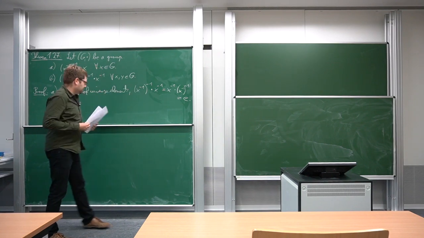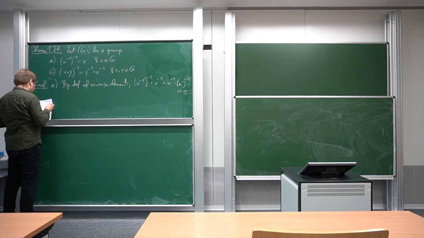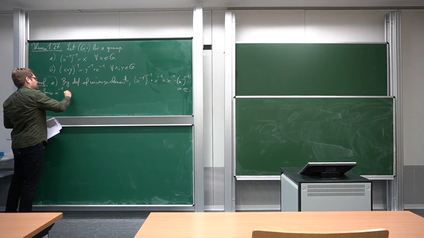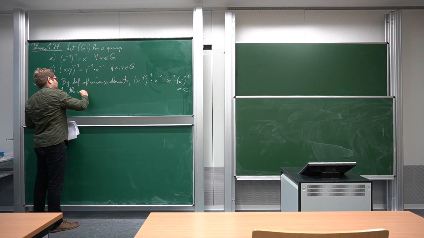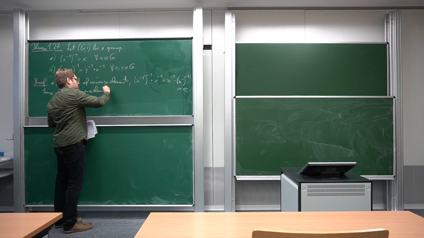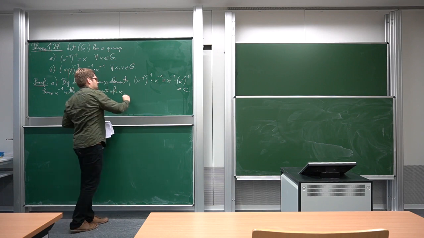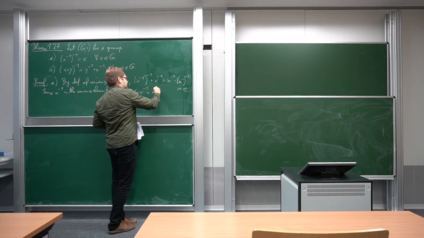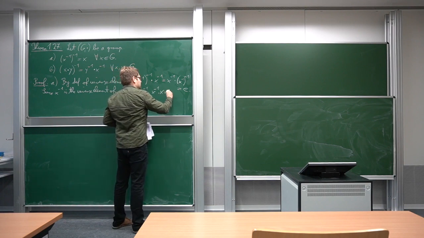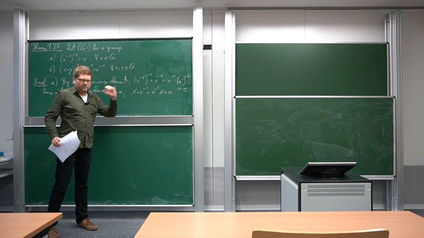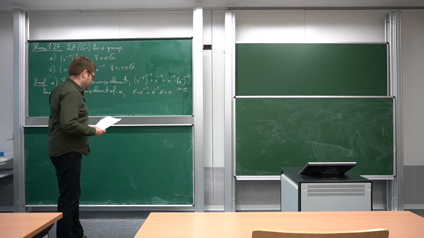But this obviously does, since x^-1 is the inverse element of x, we know that x times x^-1 is the same as x^-1 times x, equal to e. So replacing this by x really shows that this fulfills this equation.